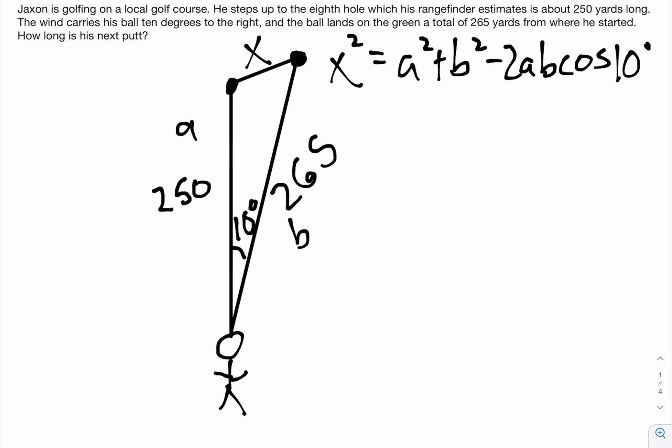So x squared is what we're looking for. A is going to be 250, so a squared is 250 squared, and because I don't have a ton of room, I'm just going to do that step in one. So I'm going to go 250 squared plus 265 squared. So that's 132,725.